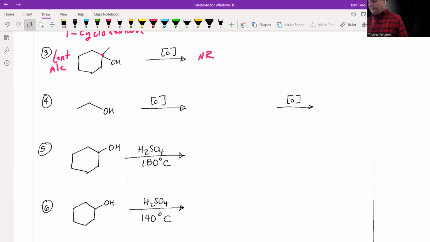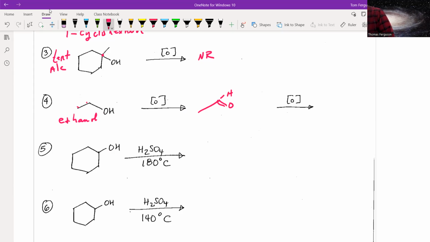So we have ethanol here. Two-carbon primary alcohol gets oxidized. And this is a process in your liver, biochemically, that your liver detoxifies alcohol. First, it's oxidized to the aldehyde. Then it's further oxidized to the acid.